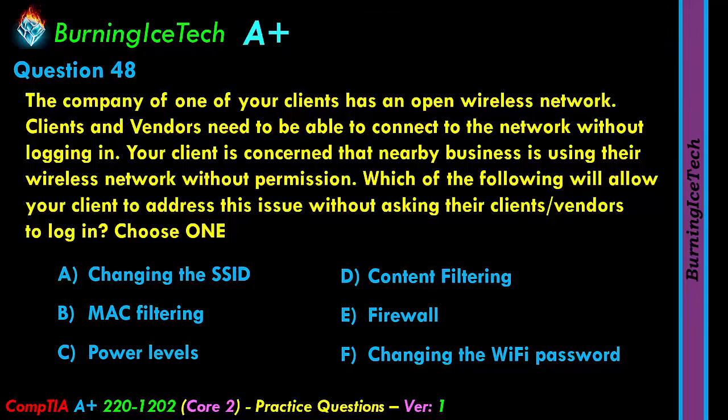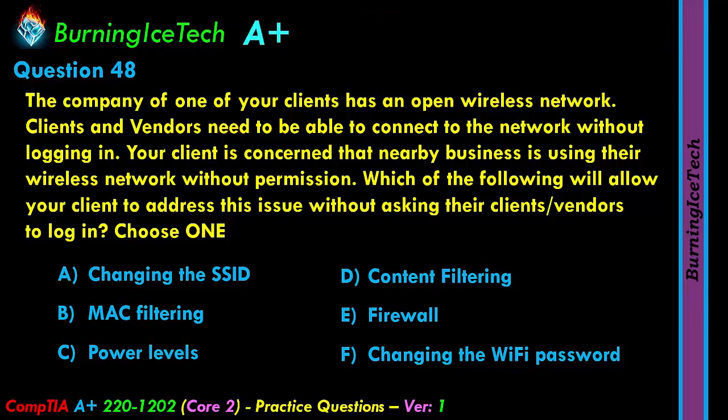By increasing or decreasing power levels, you can go and choose how far your Wi-Fi range extends. So if this was me in this scenario, I would go and decrease or just adjust the power levels so that this Wi-Fi is basically only accessible within the building. As soon as you go outside the building walls, the signal should no longer be detectable.